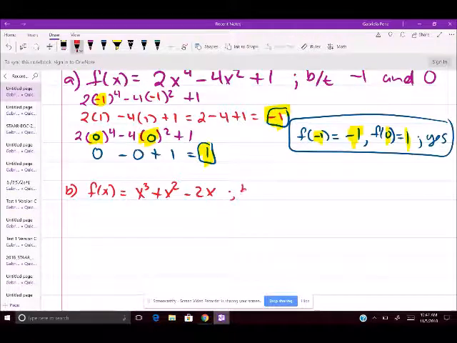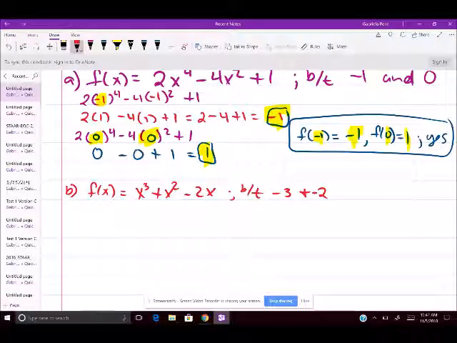This one's going to say between -3 and -2, sorry. So they would give you specific numbers for you to use. And this one is going to be a -3 and a -2. So go ahead and try to do that one. Remember, first you plug in a -3, get an answer. Then plug in a -2, get an answer. If one's positive, one's negative, then it's a yes right away.